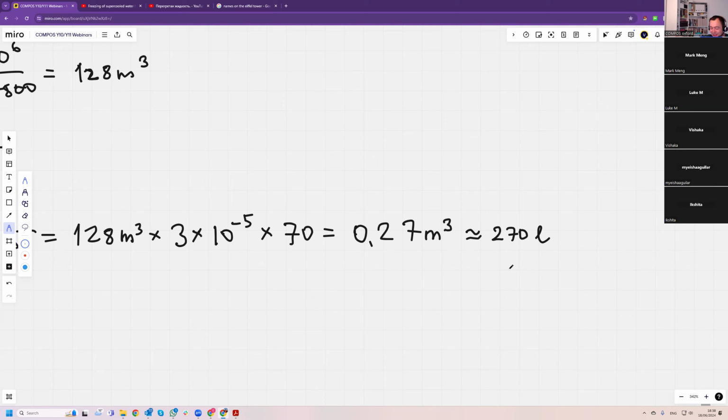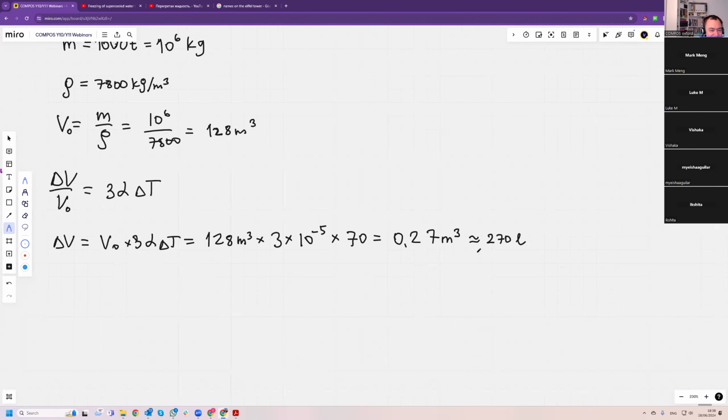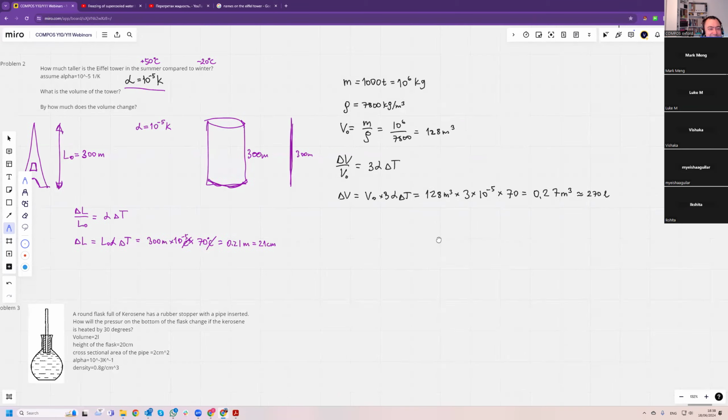That's two full bathtubs of molten iron that's been added to the tower every summer, and then it disappears over the winter. Well, it doesn't disappear; it just shrinks. A child's bath is 50 liters, so it's six full child's bathtubs, which is interesting to imagine.